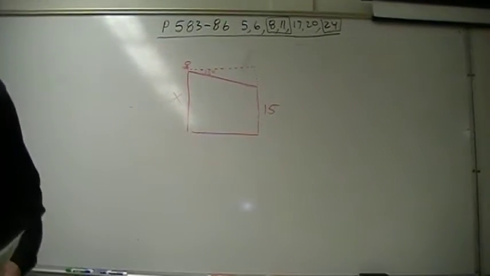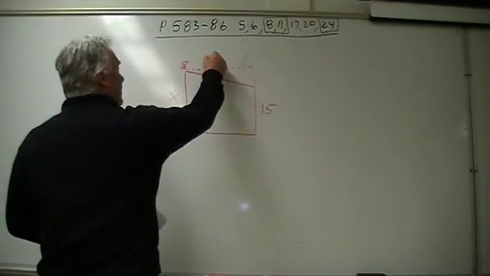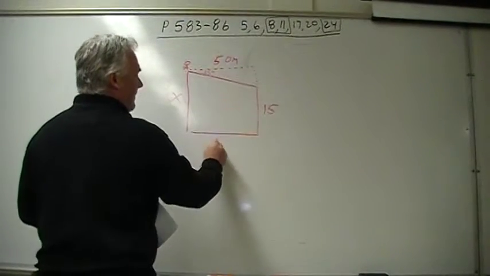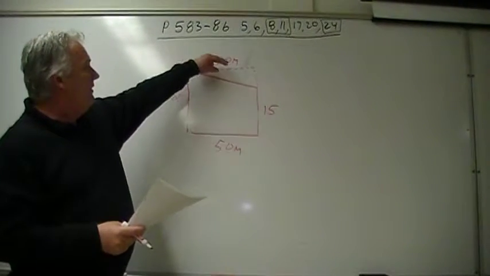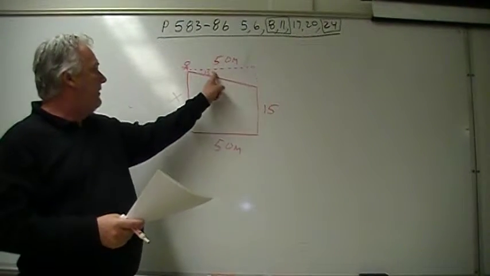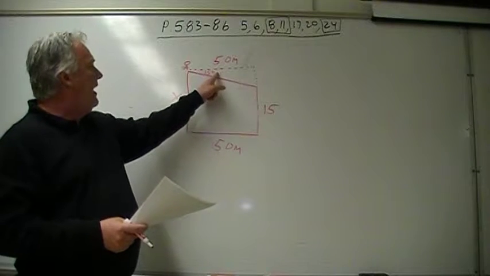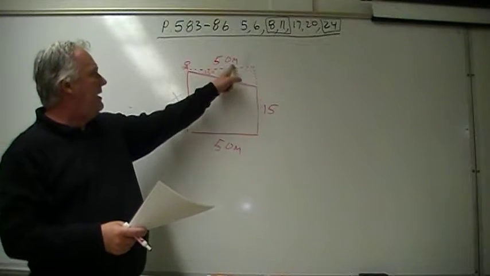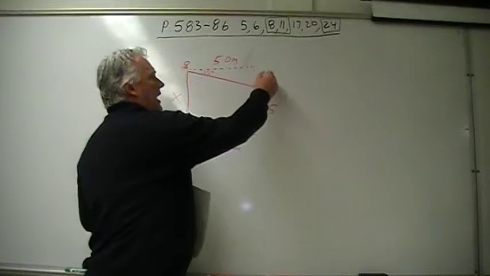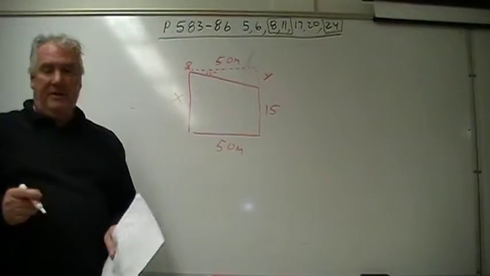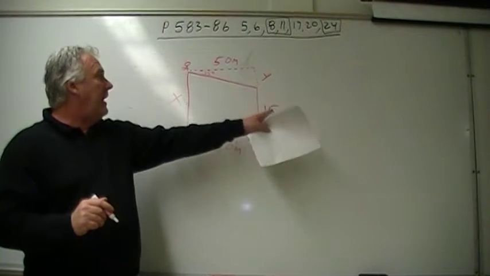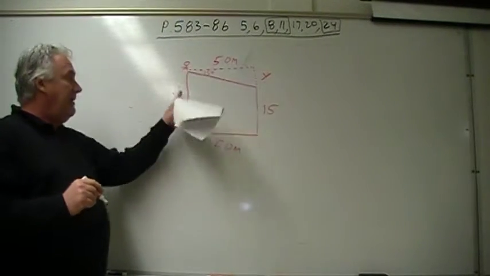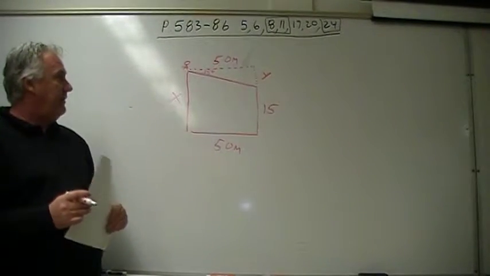And we also know that this distance is 50 meters. Okay, so 50 meters here, 50 meters here, 15 degrees. If I know an angle measurement and I know one side, I can find that distance right here. And by finding this distance, I can add it to 15, and that'll be the height of this.